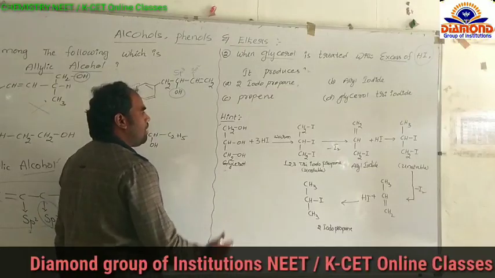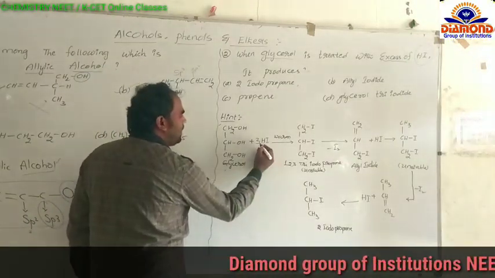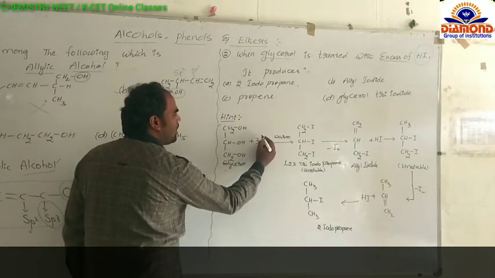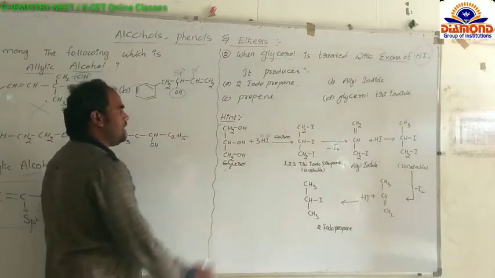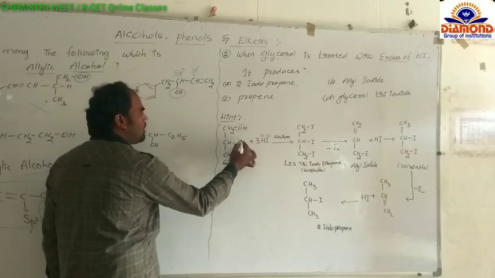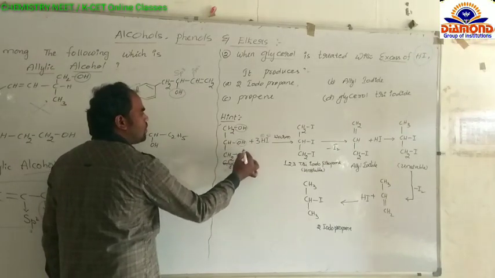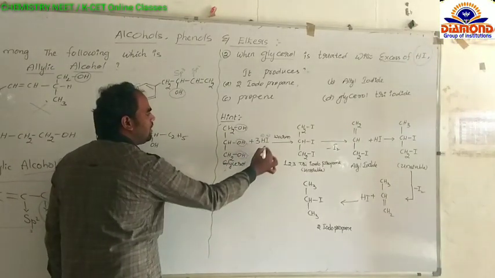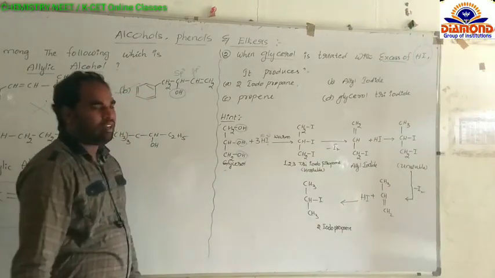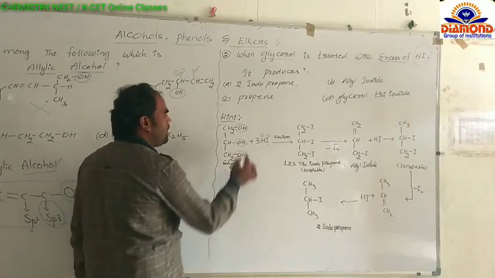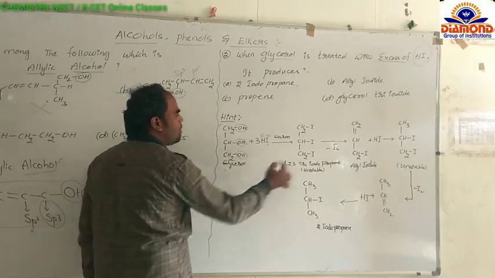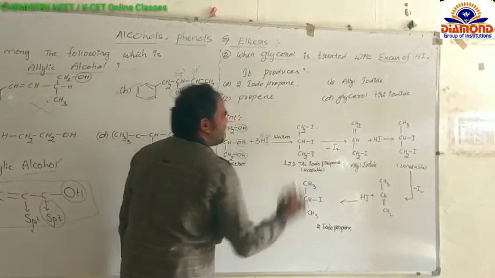What happens, students? We already know that in the dissociation of hydrogen iodide, it forms H plus and I minus. These OH groups are substituted with three iodides when the glycerol reacts with HI. Instead of these three OH groups, three iodides are substituted.